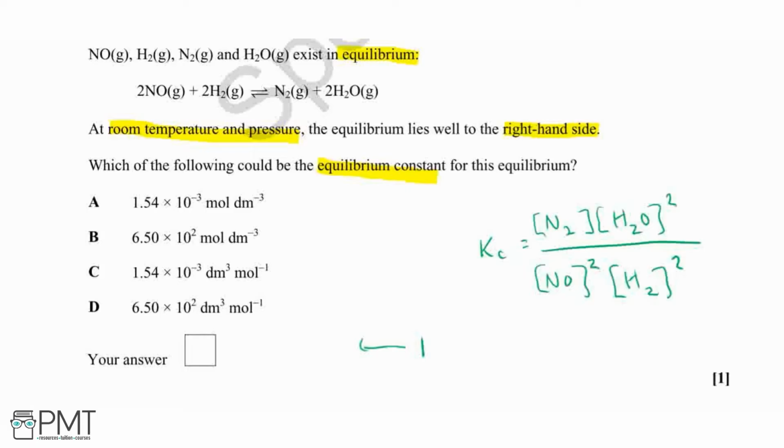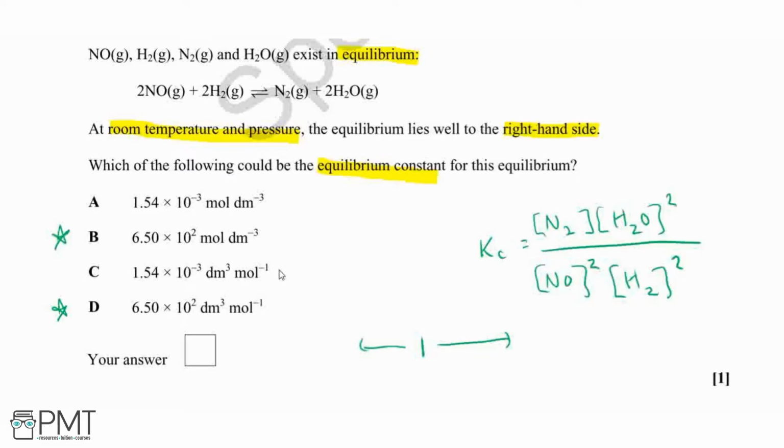Or if we're looking for an equilibrium which lies to the right-hand side, we're going to be looking for a value that's much greater than 1. And that's because we will have more of the products on top in our fraction, therefore we will get a larger value for Kc. So out of our values here, our answer could either be B or D, because these are the values which are much greater than 1.